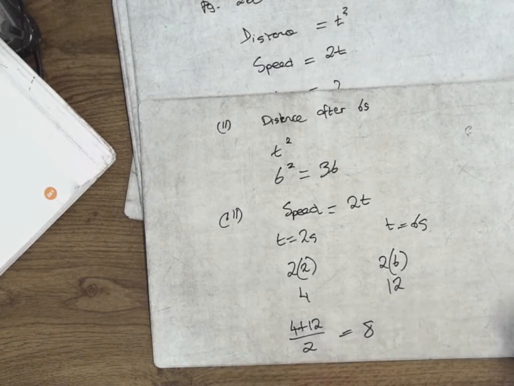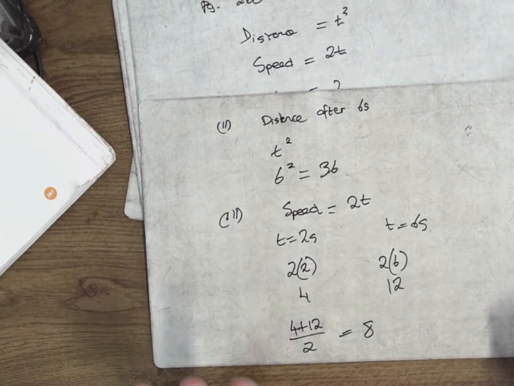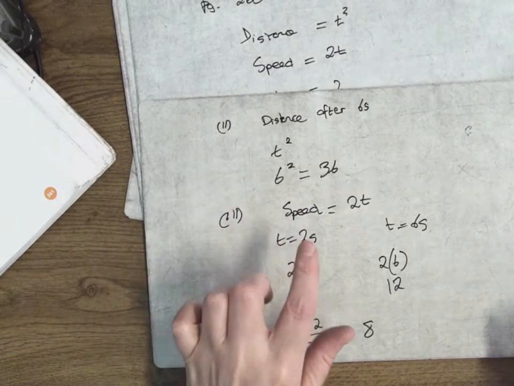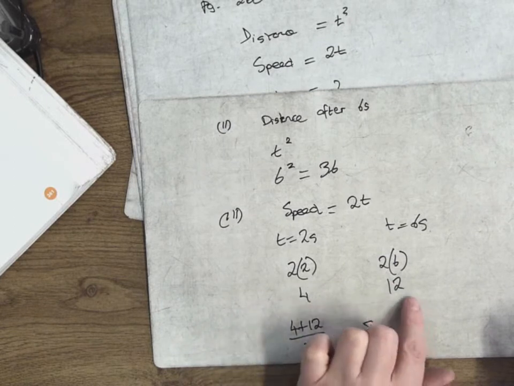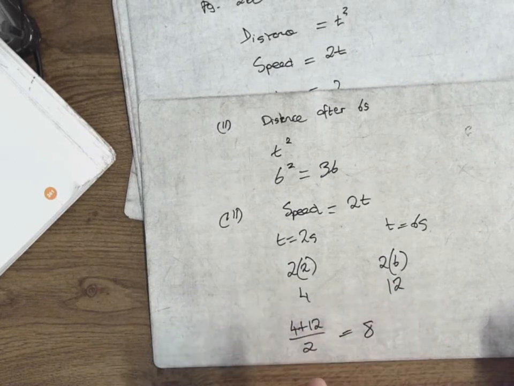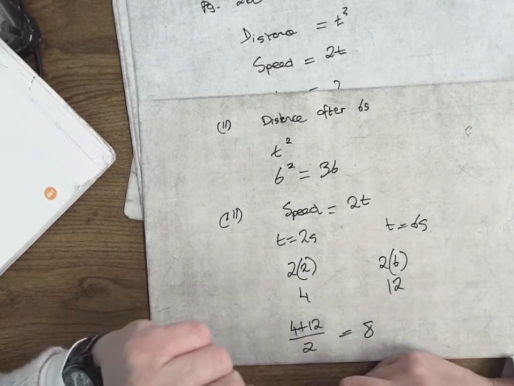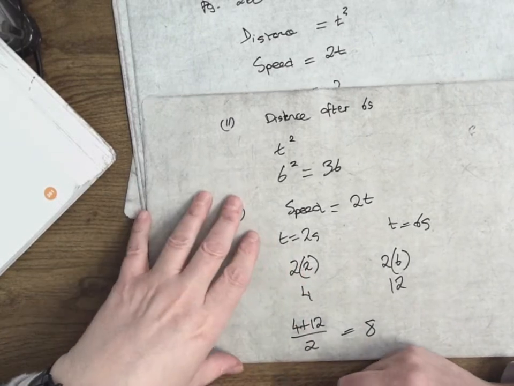Okay? So the average speed is 8. Does everyone see how I did that? So there's like 3 little mini sums in there. You have to get the speed when it's 2, you have to get the speed when it's 6, and then it said get the average. You learned that in primary school. Is that okay? Right, everyone okay?